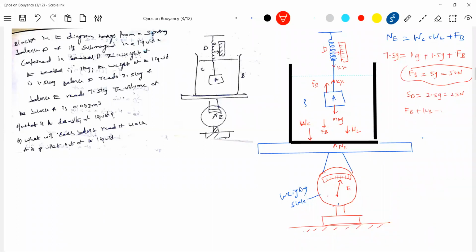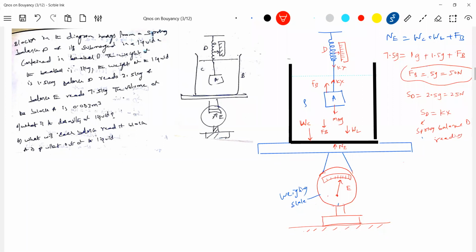Okay, let's get into writing the equation on the block. FB plus Kx minus mAg equal to 0. We know buoyant force, and one more, SD is equal to Kx. Getting this?